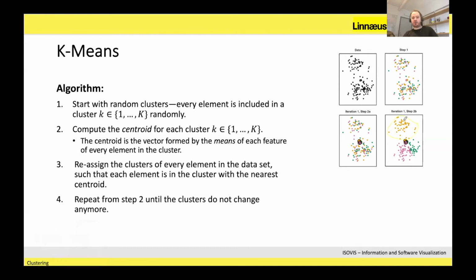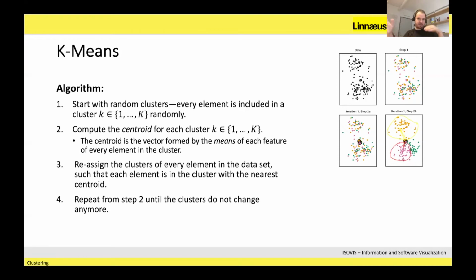So all these points over here are going to be assigned to the orange point because they are the closest to this centroid over here. Let's try the next one. Then you have these pinkish points here, and they happen to be closer to the red centroid, which is sticking out to this side over here.